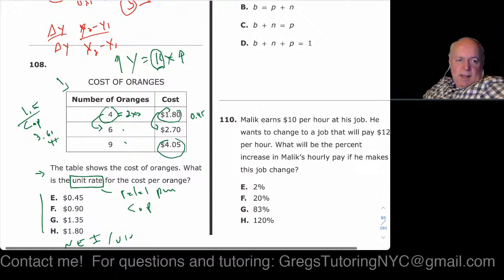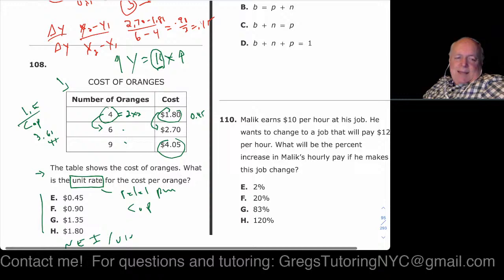So if we have $1.80 or 270 minus $1.80 over 6 minus 4. Okay, this is 90 cents over 2, and that is equal to 45 cents. So we've proven the unit rate by doing this as well.